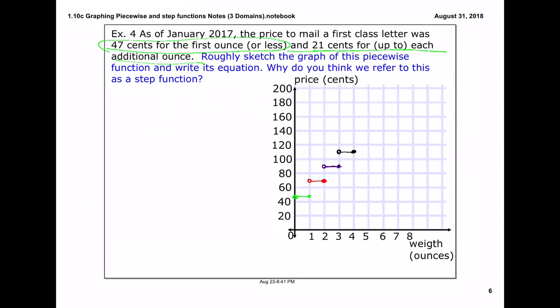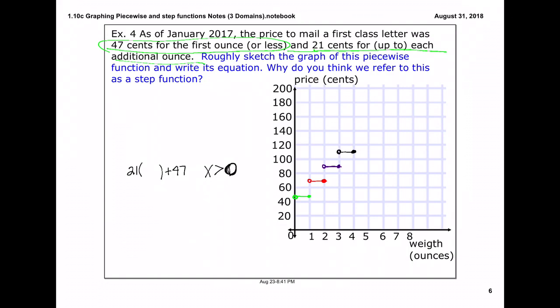So when we write our equation, we want all the values greater than 0, because we have an open circle on 0. Then when we think about this step function, we are always going to pay a fee of 47 cents, and then we are going to pay the additional 21 cents for every ounce that we add.